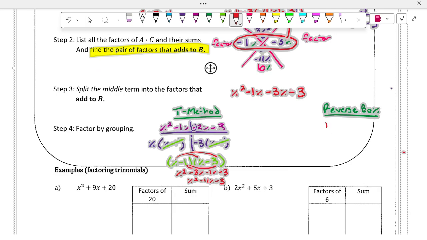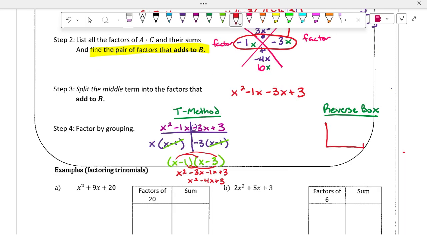All right, so reverse box. Same thing. X squared goes in the top left. Positive 3 goes in the bottom right. I have negative 3x, negative 1x. Again, it doesn't matter where I put them. I could have switched them. What's the GCF of the first row?